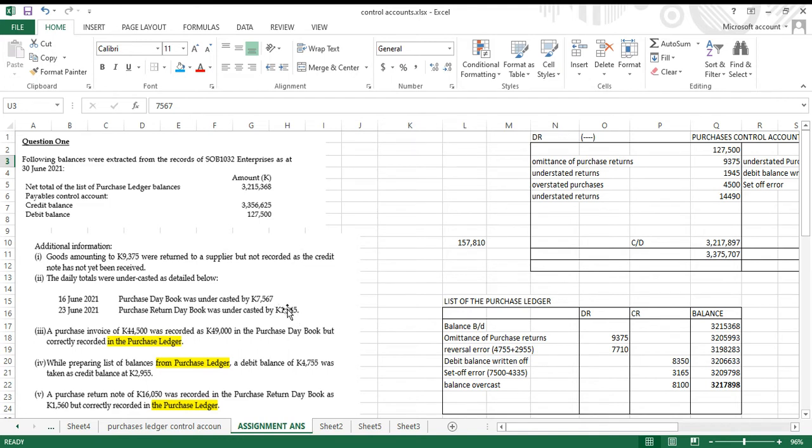So to correct this error, we're going to have to debit the control account 1,945, because our purchase returns were undercasted. And on our control account, whenever there's a return outwards, we debit. So since it was undercasted, we'll have to debit this 1,945 so that we have the true amount.